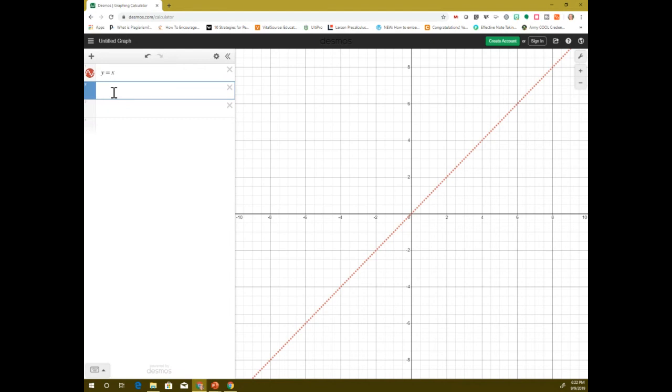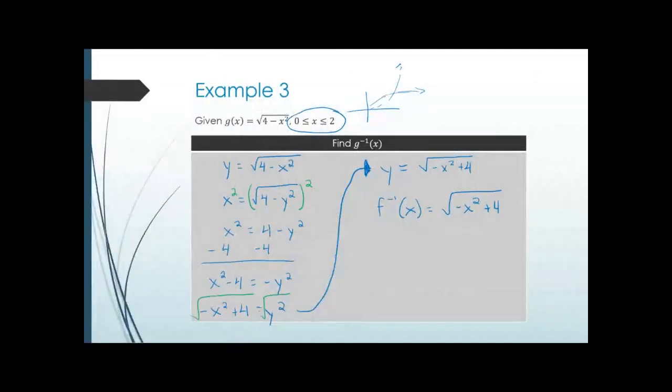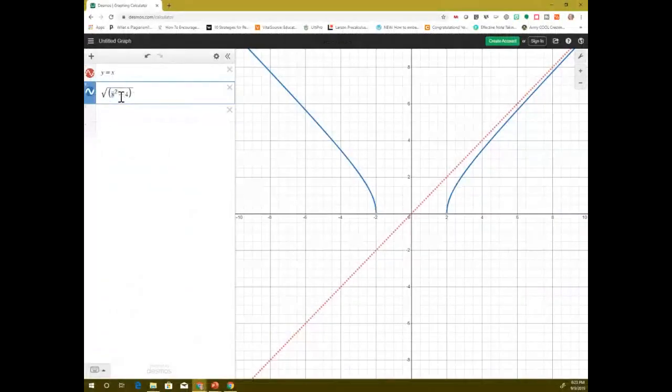Okay, so our graph, we had the square root of 4 minus x squared. Let me just double check. Okay, it'd help if I had those reversed.